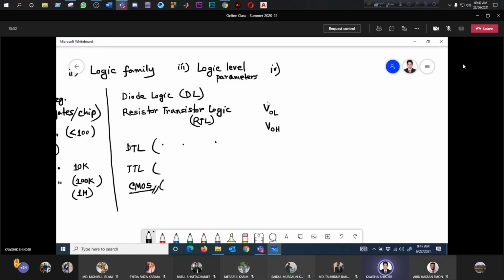Very good. So VOL means voltage, O for output, L for low, that means low level output voltage. VOH is the high level output voltage. If I write VIL, what is it?